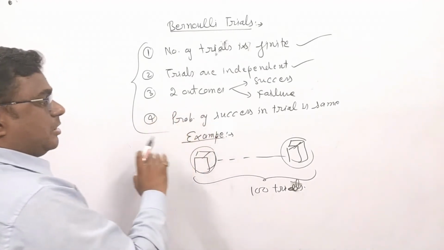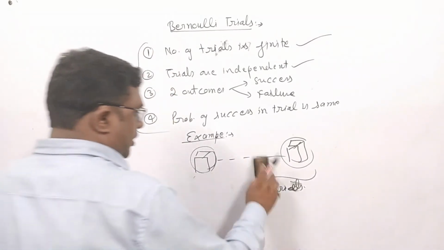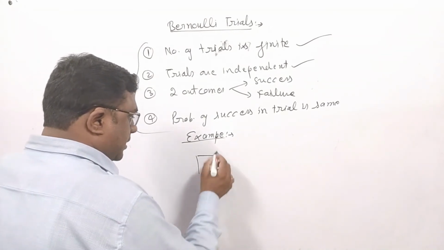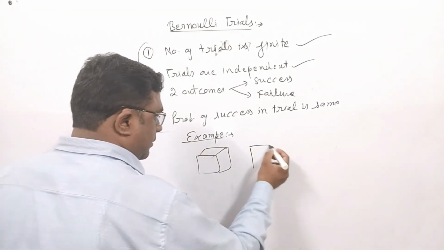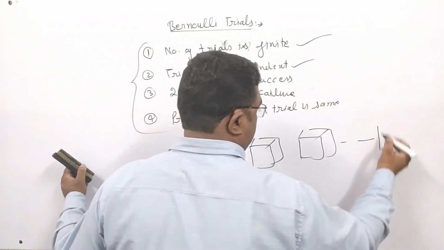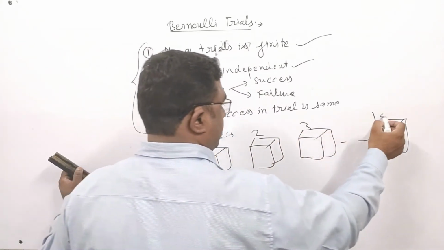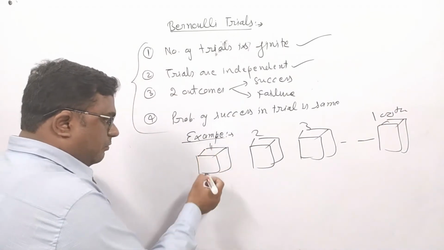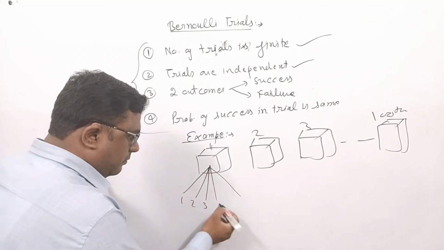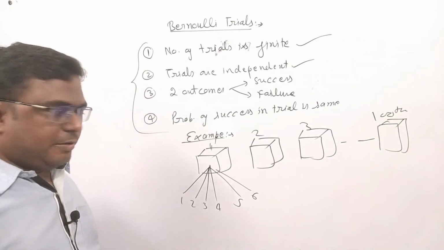Now I told you that each trial has exactly 2 outcomes, success and failure. For that we will have to define success and failure in this example. Let us see the example once again. Suppose a die is thrown 100 times: first time, second time, third time, and 100th time. When you throw the die, 6 outcomes are possible: 1, 2, 3, 4, 5 and 6, and the same thing happens in all the throws of the die.